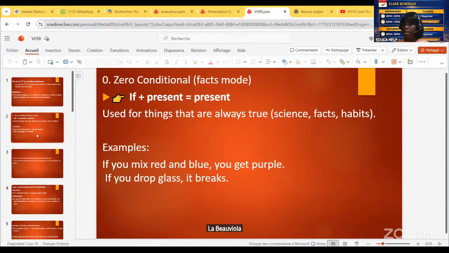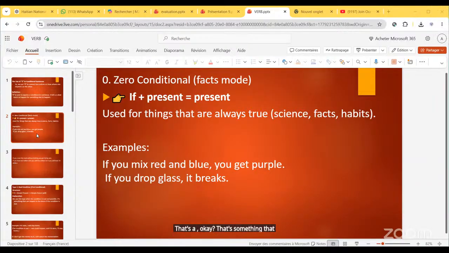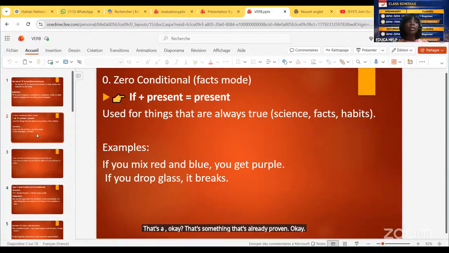That's a fact, something that's already proven. If you drop glass, it breaks. Normally, when you drop glass on the ground, it breaks.